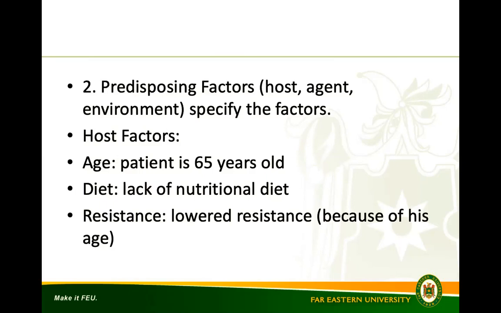Now, in our sample case scenario, it is evident that under the host factors, Tatay is already 65 years old, and literatures would reveal that senior citizens, the elderly, are more vulnerable to developing the disease. Diet also, the lack of nutritional diet, because he reported that he lost appetite. And then lowered resistance, also because of his age.